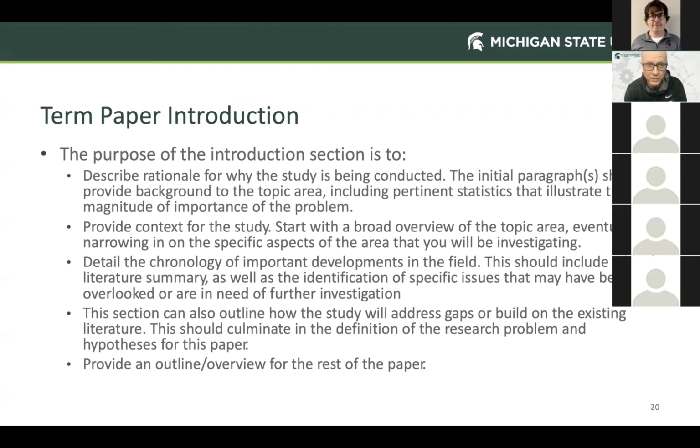We typically don't delve too far into the details in the introduction section, so we're not necessarily talking about the methods that were employed in those studies. We're not talking about very specific nuances like the sample size, how the data were collected and analyzed, and so forth. It's just largely big picture, culminating in formally stating what our research hypotheses are.